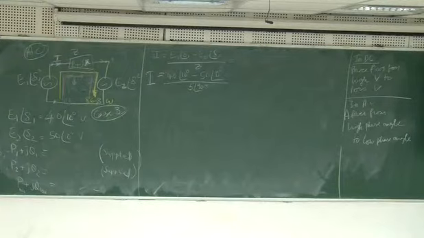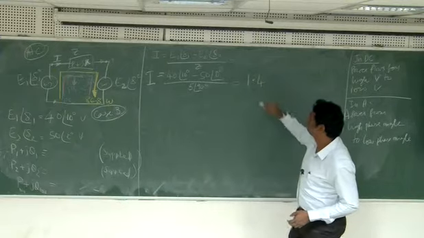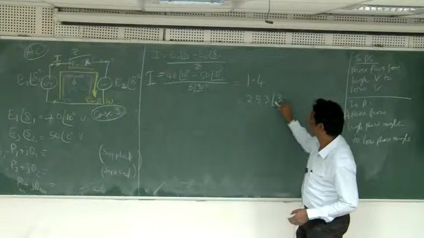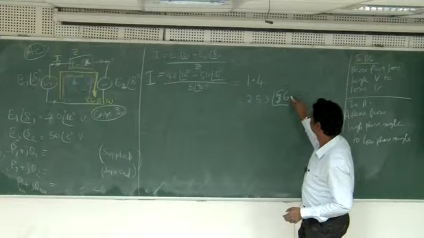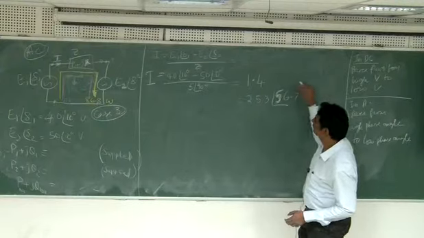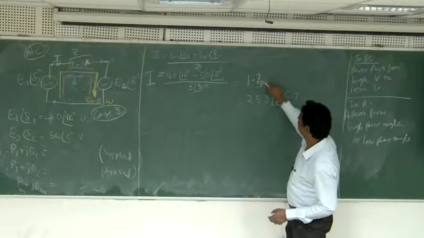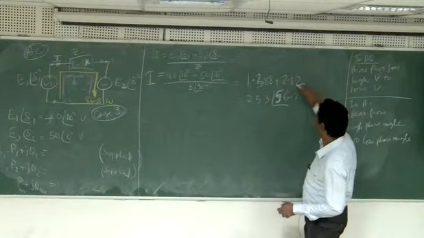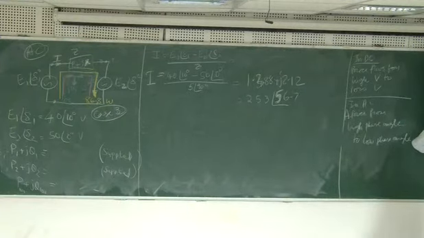Okay, we got some answer. How much is it? 2.53 angle 56.7. And what is this one? 1.388 plus 2.12. I'm worried a little bit.